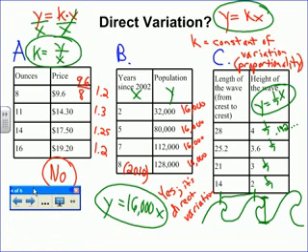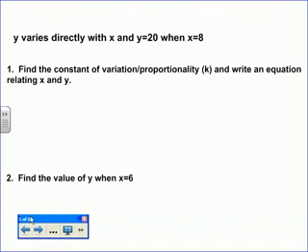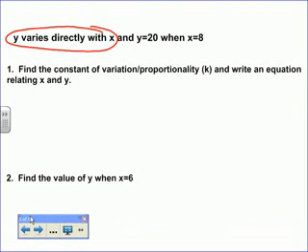Let me give you the same information a little bit different way. This is how some of the problems are in the book. For example, it says here, y varies directly with x. What they're saying is that's direct variation. In other words, what's the equation again for direct variation? y equals kx.